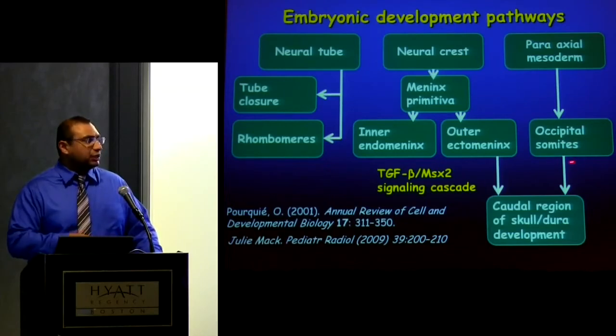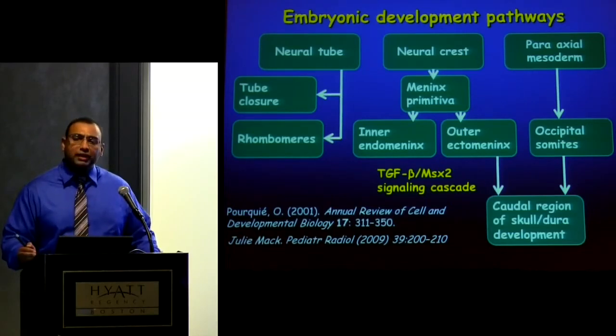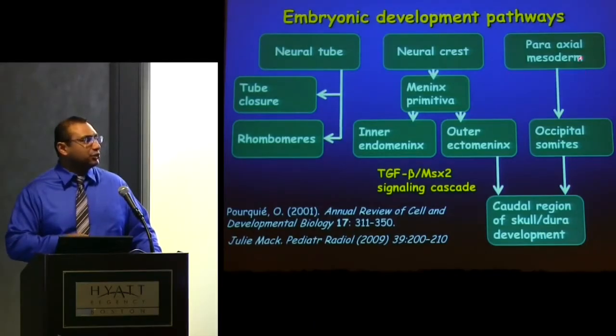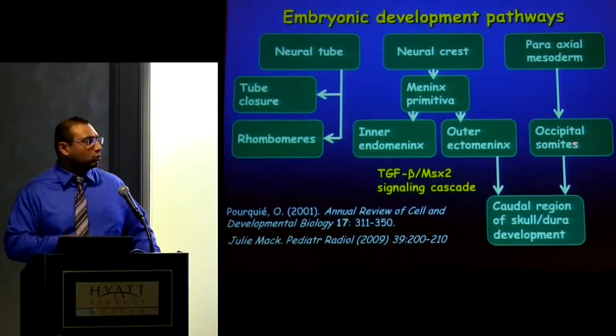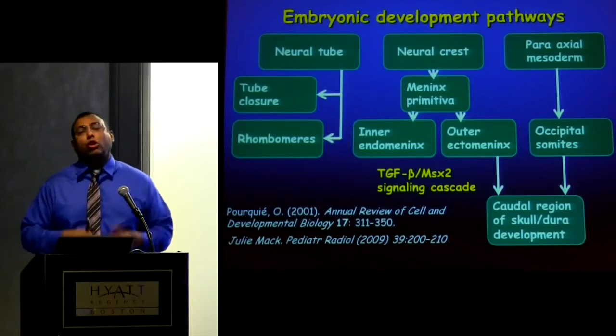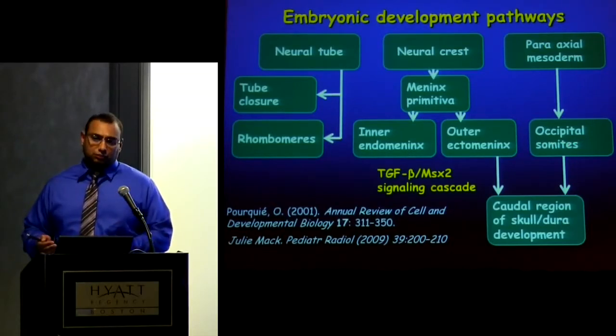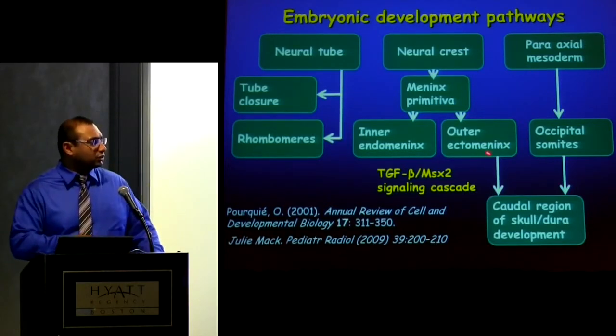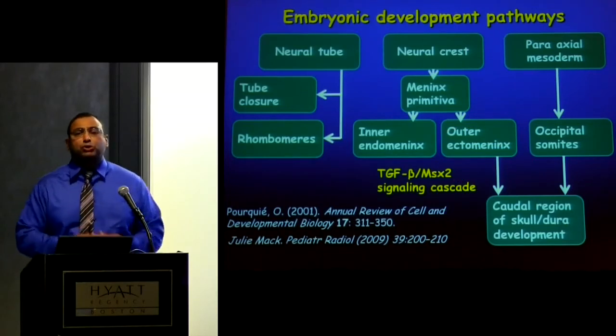Now, for many years, it's been believed that the rest of the posterior fossa development is a consequence of the paraxial mesoderm, which through the occipital somites contributes to the caudal development of the skull. So to link them on an embryogenic basis was not possible because there were two different derivations of the venous sinuses and other components of the posterior fossa.